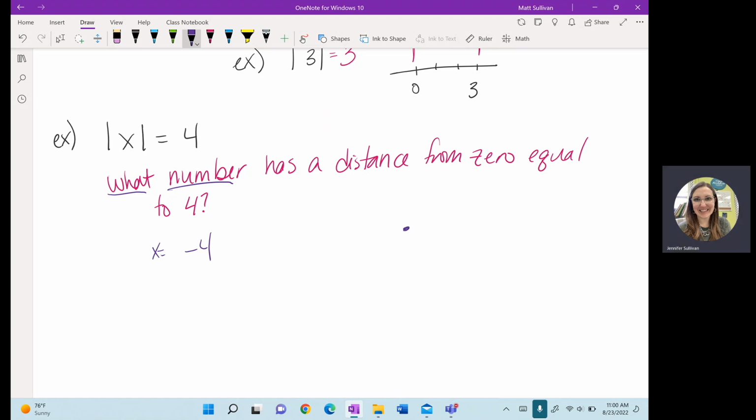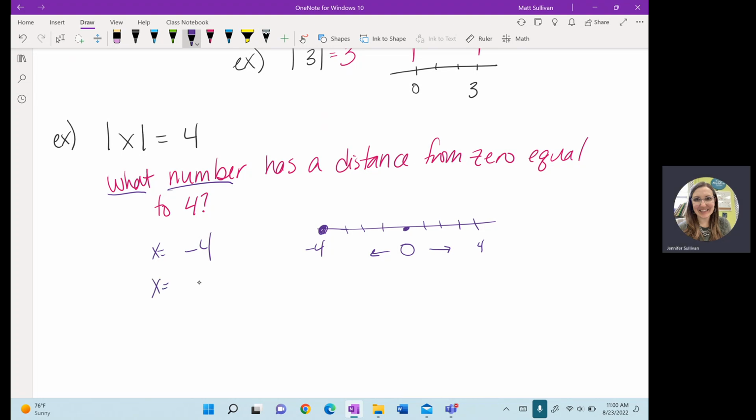Because see, if I'm at 0, I can count for this direction in addition to for this direction. I can go both ways. So -4 on a number line works, but so does +4.